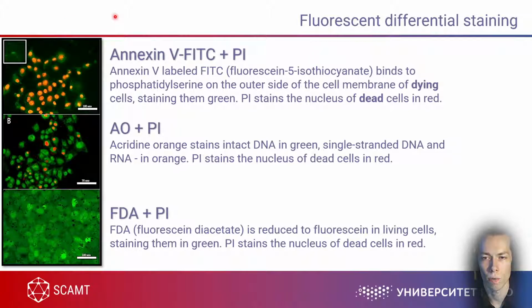Another kind of staining is, for example, acridine orange. Acridine orange can be used to stain both DNA and RNA because this staining has the feature of multicolor staining. So acridine orange stains DNA in green and RNA in red or orange fluorescence.